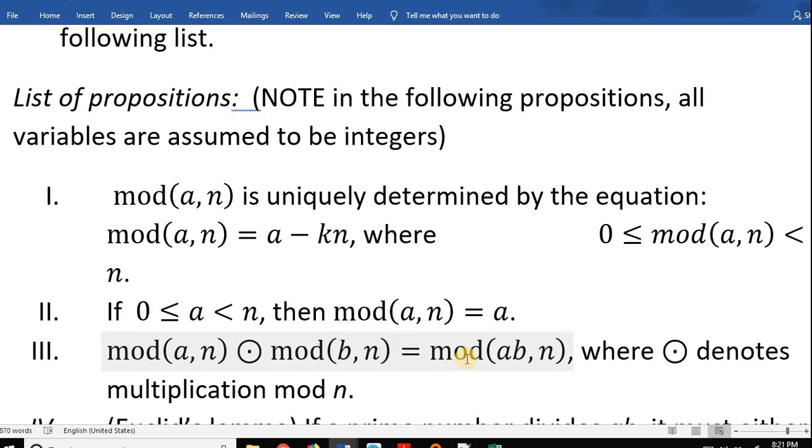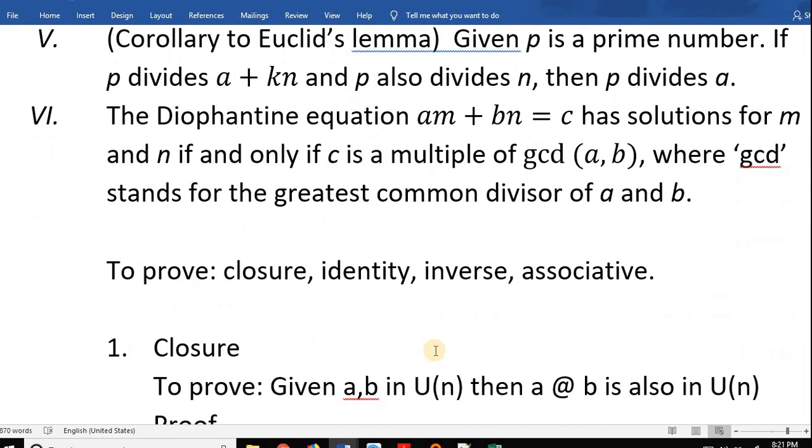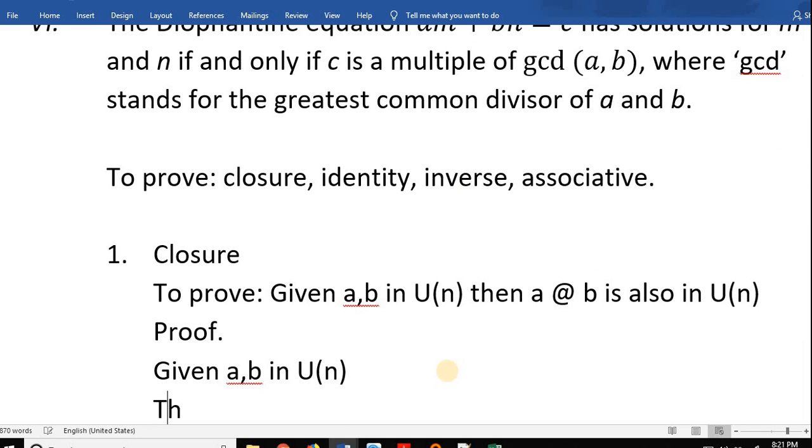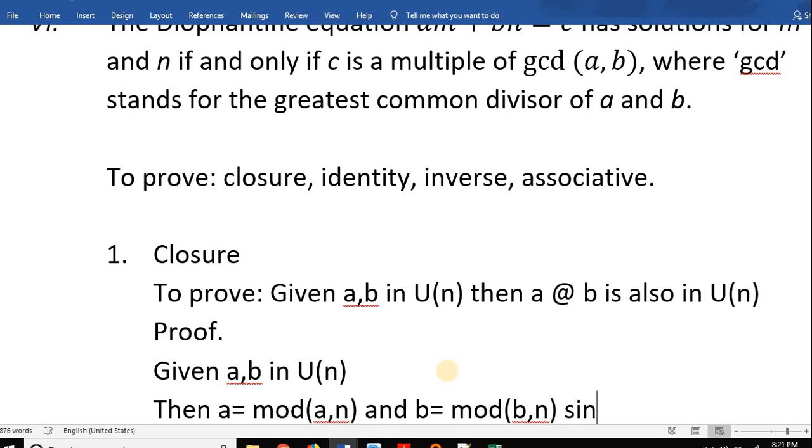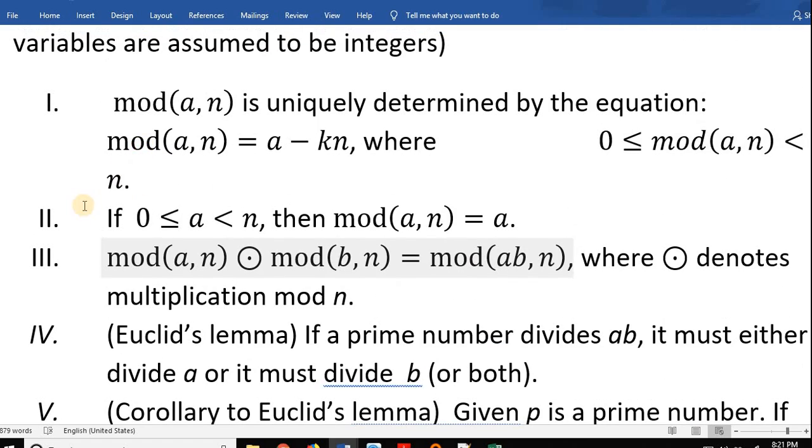Now, a lot of people just started with this, but that's not what you need to prove. You need to show that if A is in U(n), then this equation holds. So what I'm going to do here is say, then A equals A mod n, and B equals B mod n, since 0 is less than or equal to A, B, less than n. And this is by proposition 2.